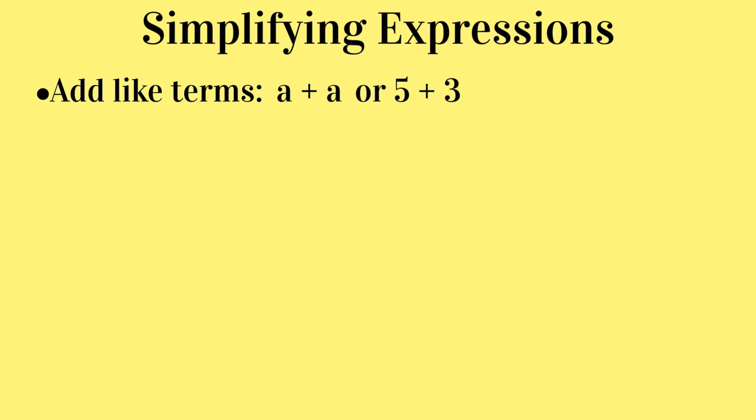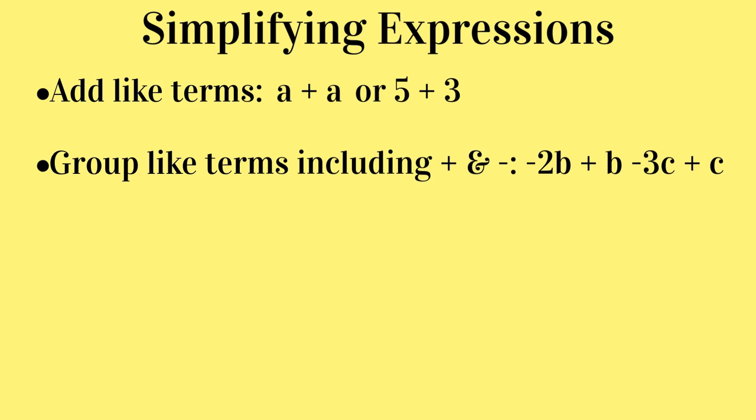Here is a summary on what we have learnt about simplifying algebraic expressions. Like terms, consisting of the same variables or simple numbers, can be added together to simplify an expression. You can group like terms together, but you must remember that the addition and subtraction signs in front of terms move with them.